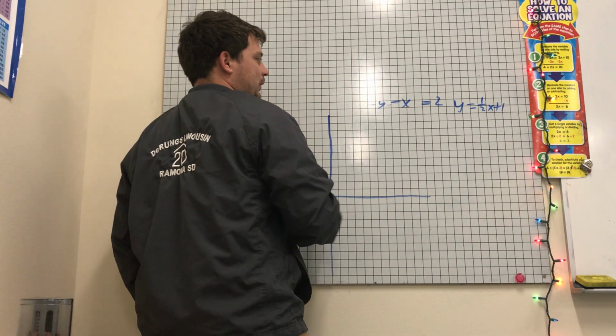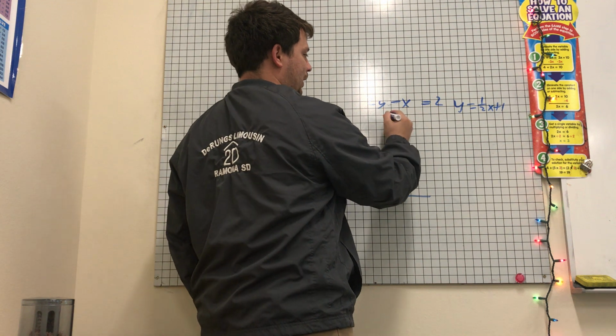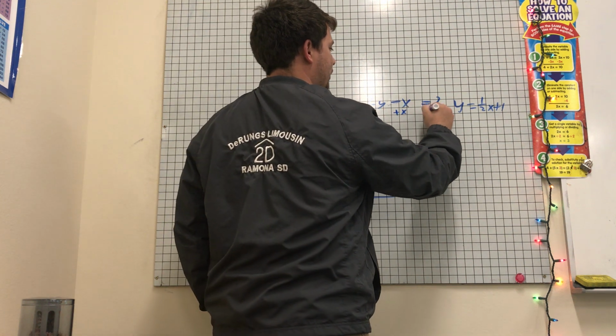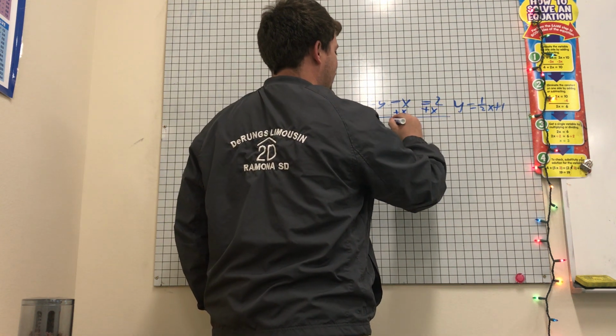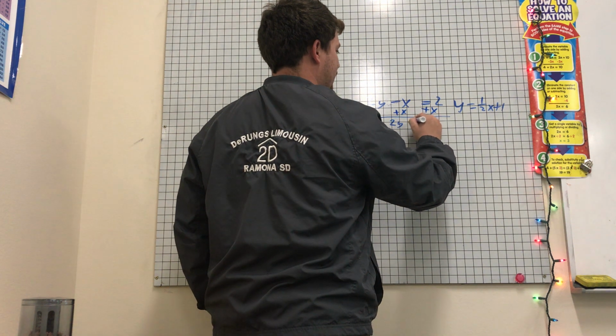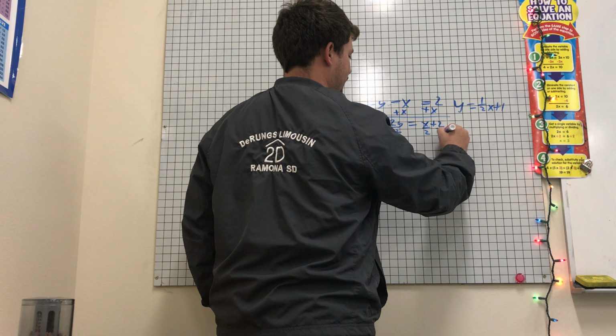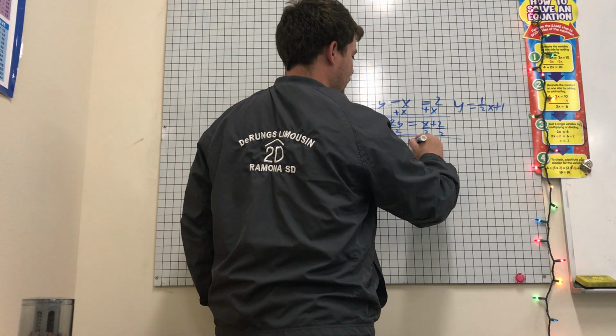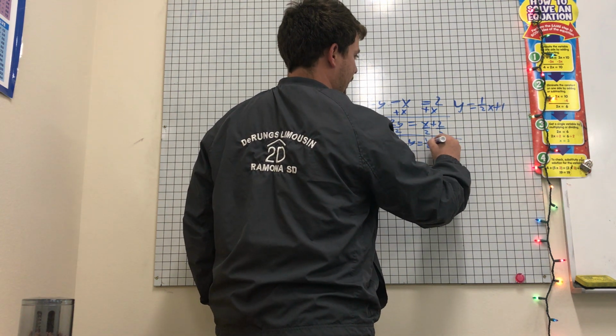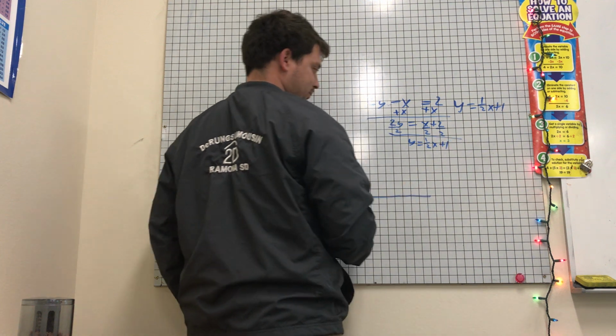I have to graph these. Now, here, I'm going to add x to both sides, because I'm not even in standard form. 2y equals x plus 2, divide by 2. You get y equals 1/2 x plus 1.